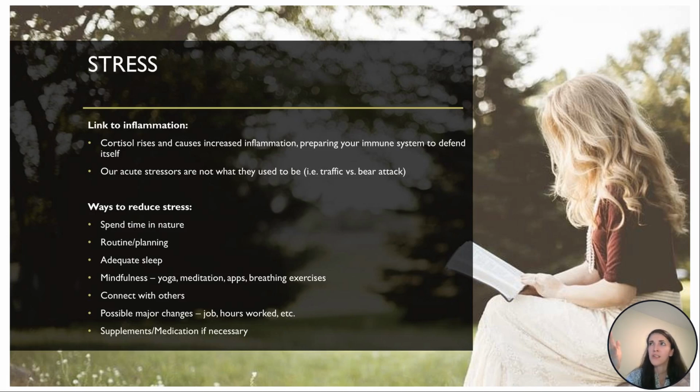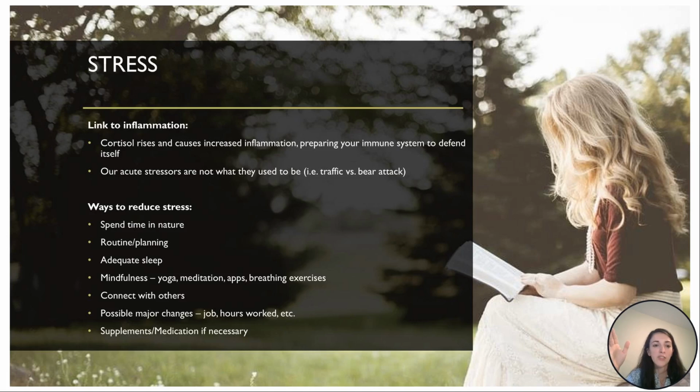I wrote an article on it on our website a while back. Shinrin-yoku, though I've probably destroyed the proper pronunciation of that, is basically the Japanese art of forest bathing, and it has been shown to impact our immune system as well.